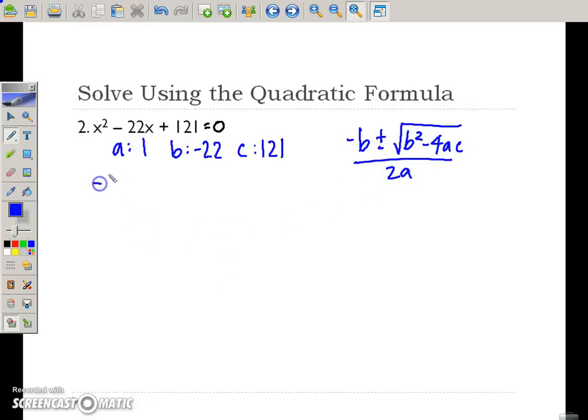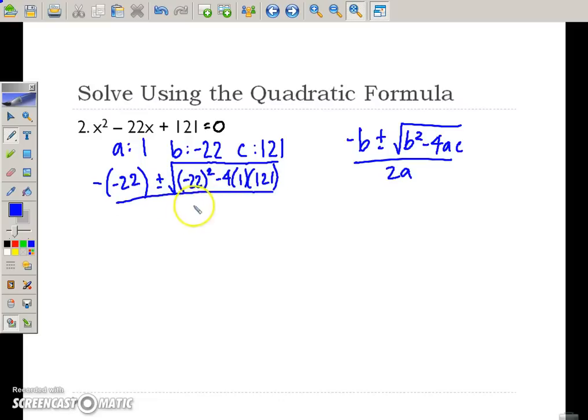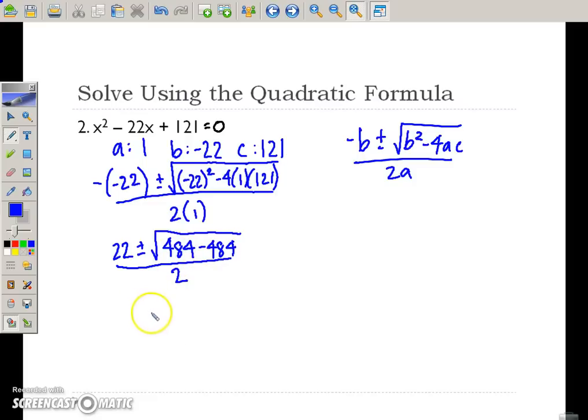Now we have a negative negative 22 plus or minus the square root of negative 22 squared minus 4 times 1 times 121 all over 2 times 1. Negative negative becomes positive. 22 squared is 484. And 4 times 1 times 121 is 484 all over 2. 484 minus 484 is 0.